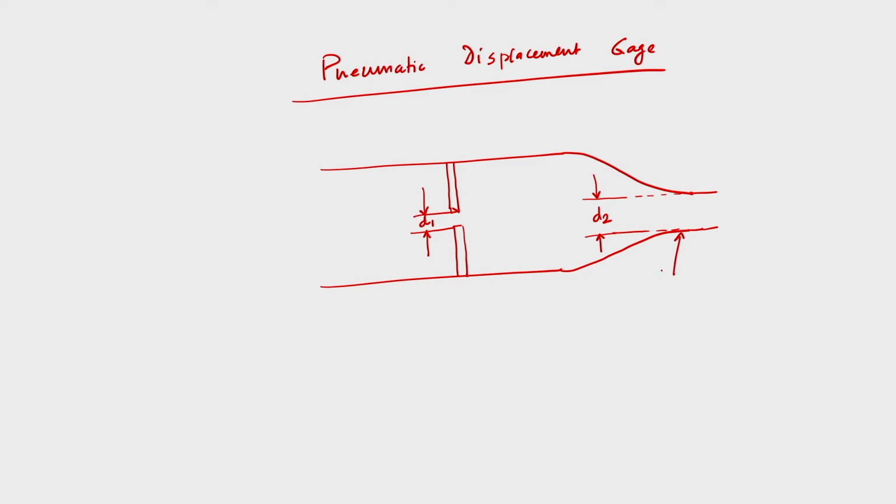So, this is basically the nozzle shape portion, and we have over here an object, or workpiece.